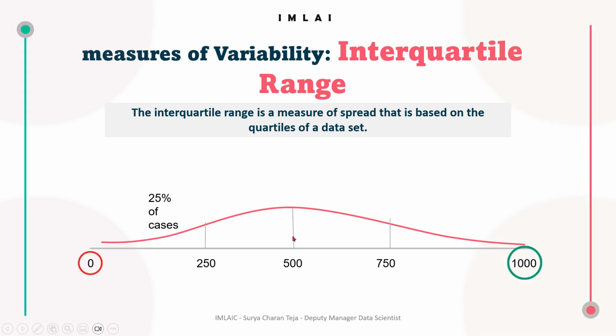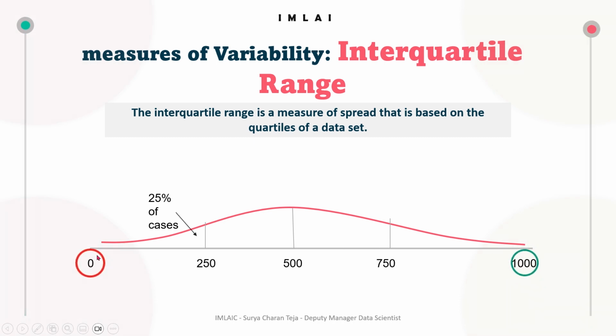You see that here you have 500 this side, 500 this side, and exactly its center is called the 50th percentile. Then you have the 75th percentile, a quartile that divides the first 3 by 4 of the total cases, that's 750 cases, from the latter 1 by 4 of the cases.